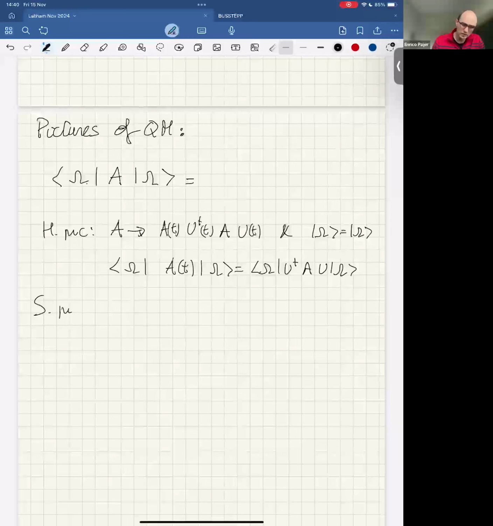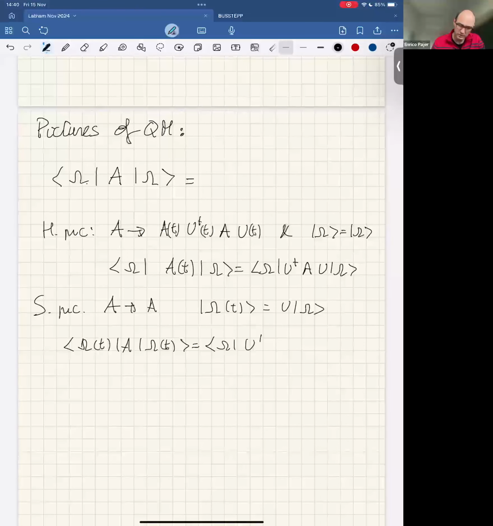The Schrödinger picture is computing exactly the same thing, but saying, let's keep A fixed, and let's say that omega now depends on time. So now you're computing omega of t, A, omega of t, but that's exactly the same thing. It's just omega, U dagger A U, omega.